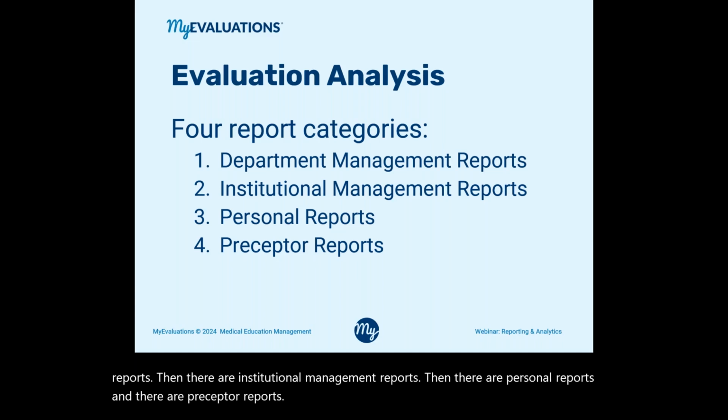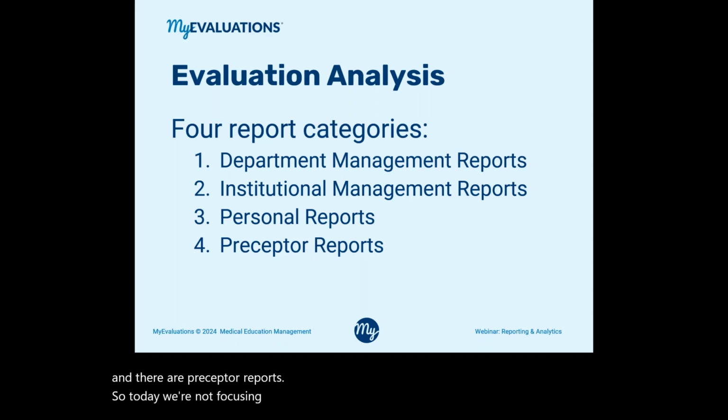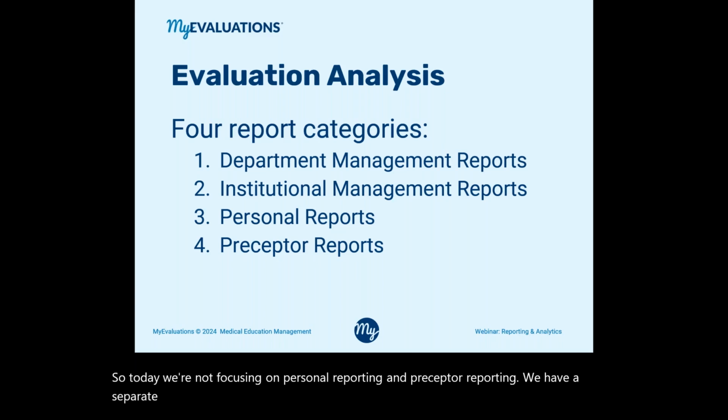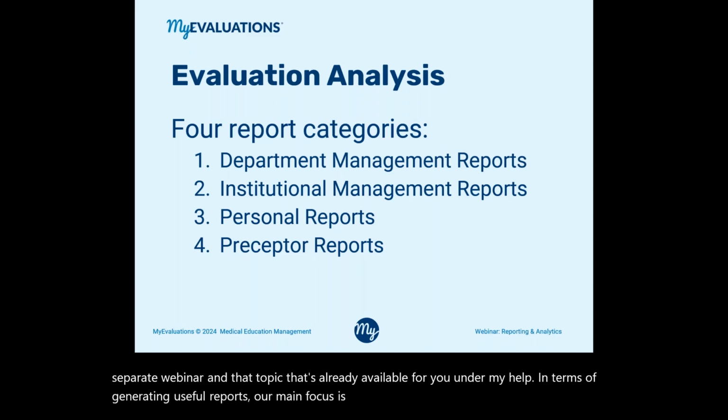So today we're not focusing on personal reporting and preceptor reporting. We have a separate webinar on that topic that's already available for you under my help in terms of generating useful reports. Our main focus is on departmental and institutional management reports for today.